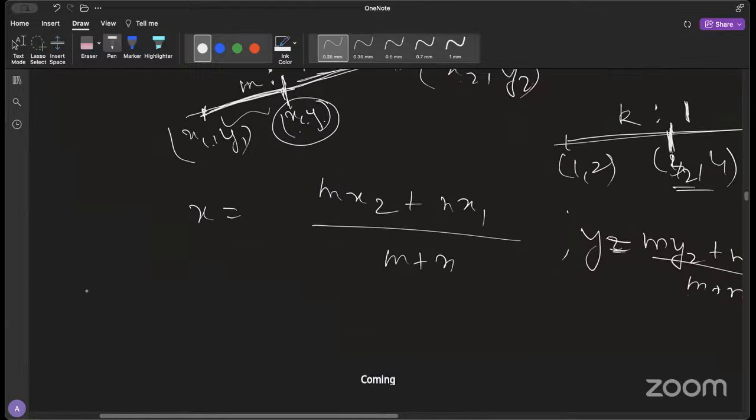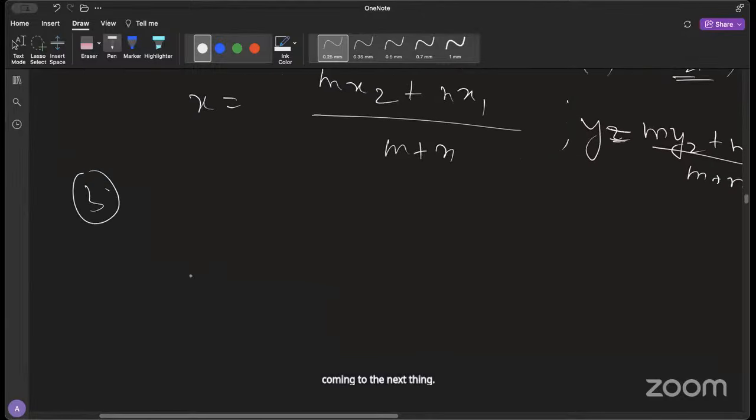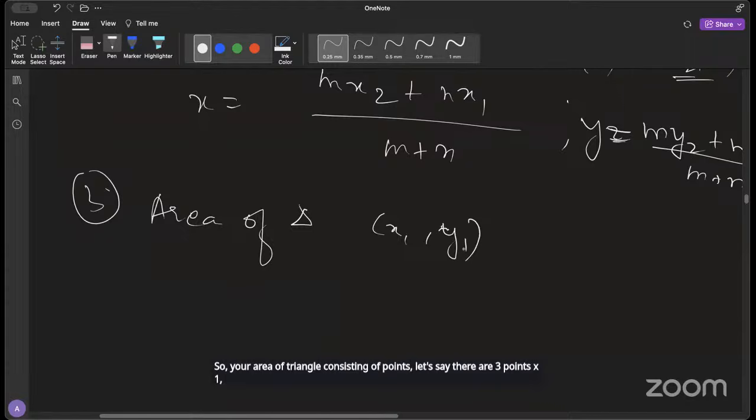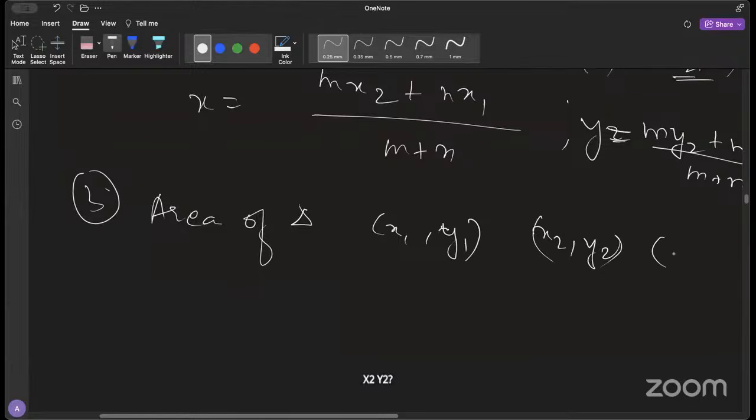Coming to the next thing, we have area of triangle. So your area of triangle consisting of points, let's say there are 3 points, x1, y1, x2, y2, and x3, y3.